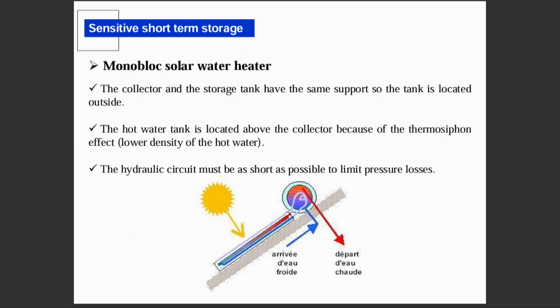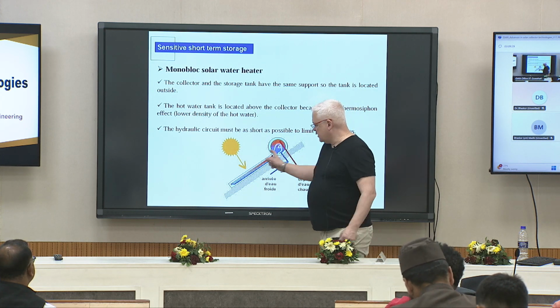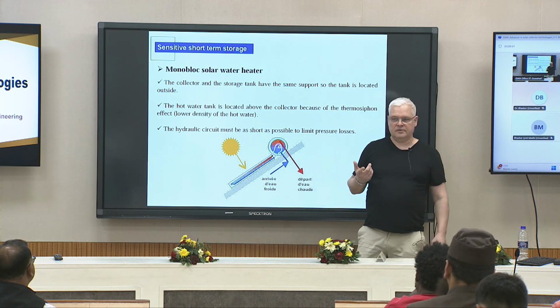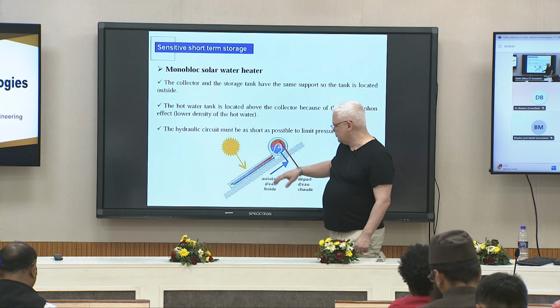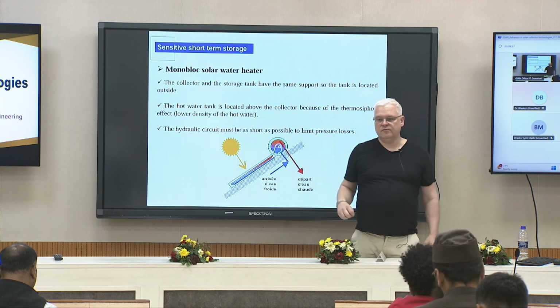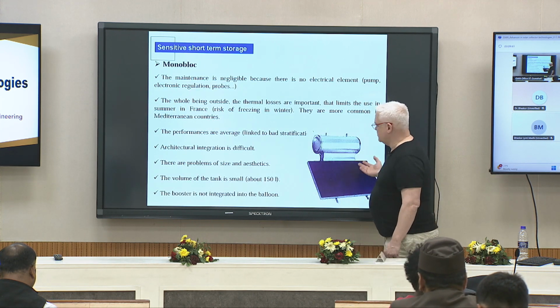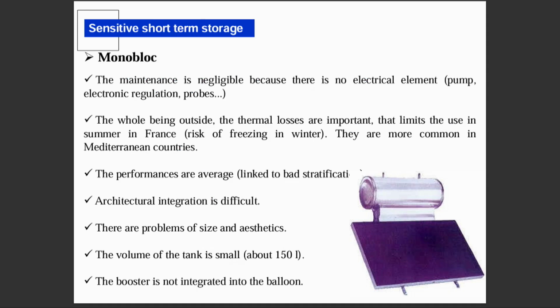The simplest is this kind of collector, operating without electricity, with the thermosiphon phenomenon, as I previously showed you. Usually the tank is on the roof also. Here is some image.